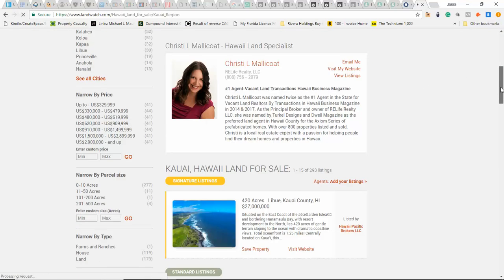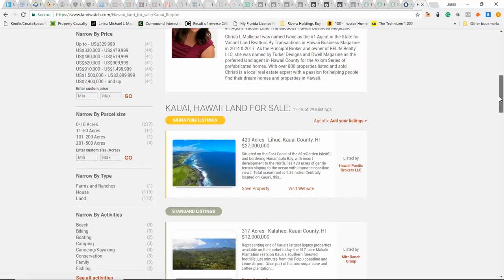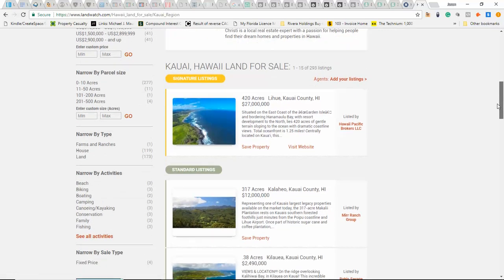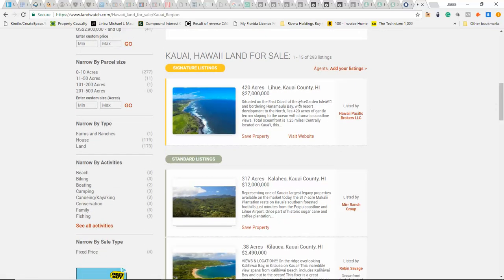And again, I would try to get as close as possible, but here's $27 million for 420 acres. 27 million divided by 420. So that's 64,000, almost 300 an acre. So 12 million, go to the next one.